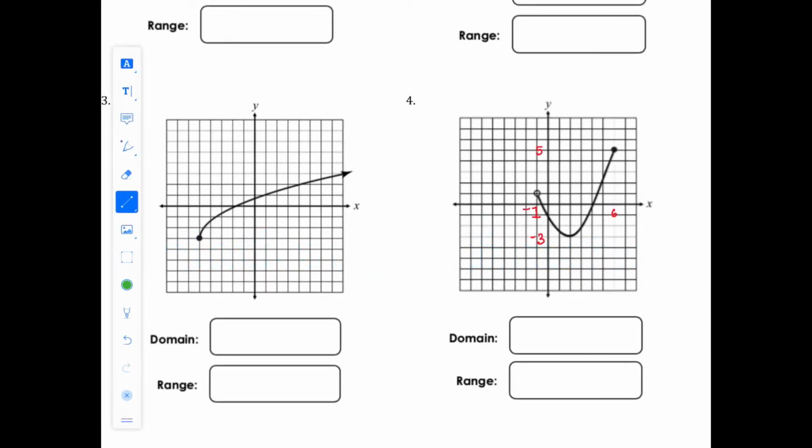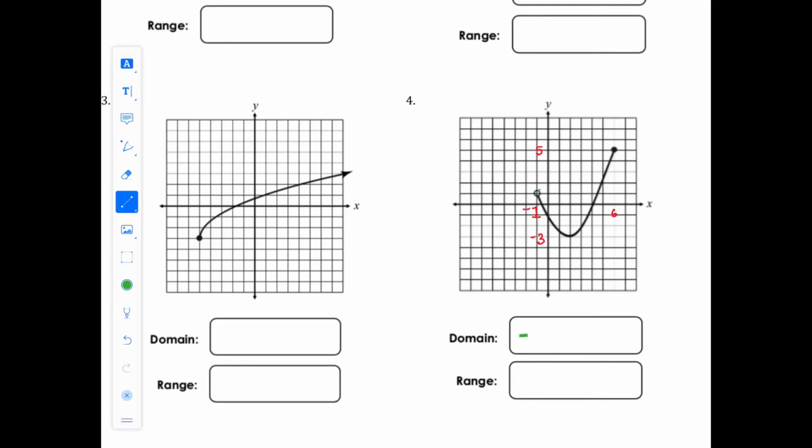Now that we have an idea of what we're looking for, I've labeled my axes, and for the domain, I'm hoping that you are looking at the x values, and we see that the smallest x value is -1, but there's an open circle right there at -1, and the largest value that this graph has is x equals 6.